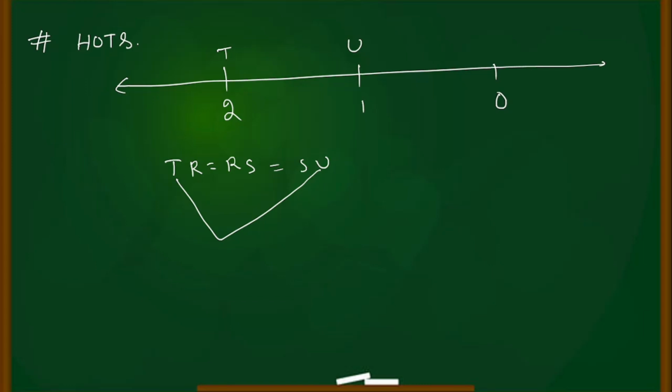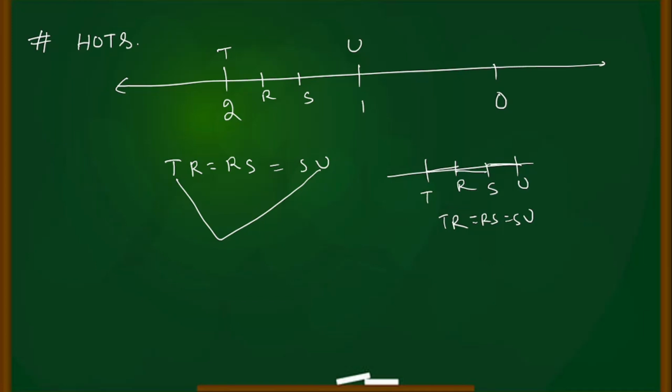Suppose this is T, this is R, this is S, and this is U. Means TR equals RS equals SU. So here is R and here is S.